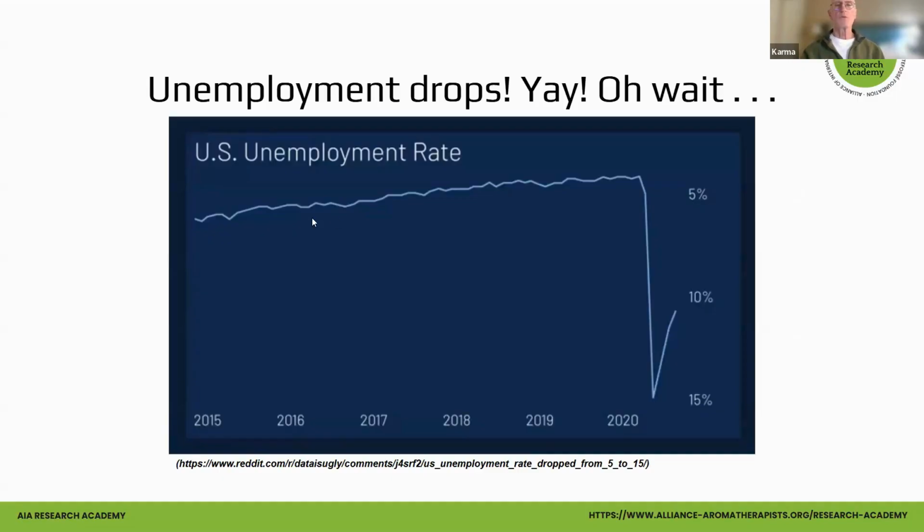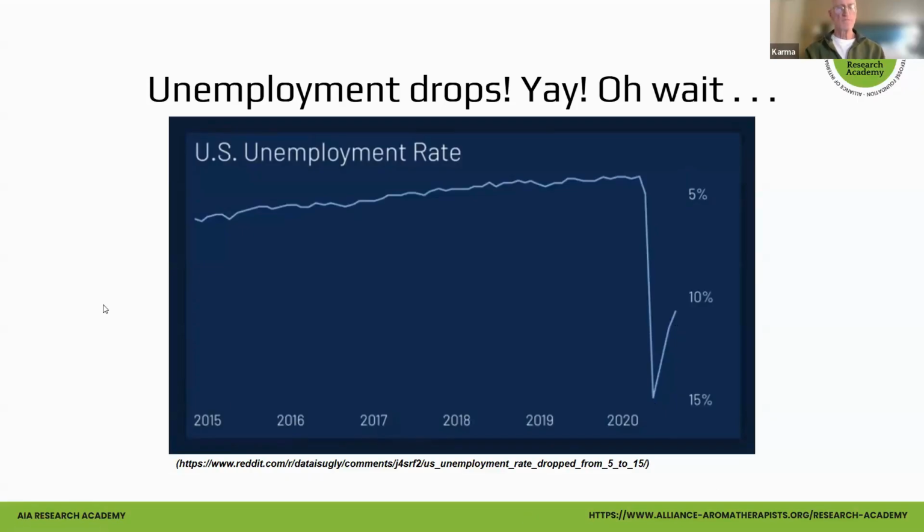So unemployment, which was trending up slowly, is about 4.5%. And then it fell all the way to 15% and then rose to 10%. Yeah, I mean, this is just flipping the y-axis, which is considered a rogue move.